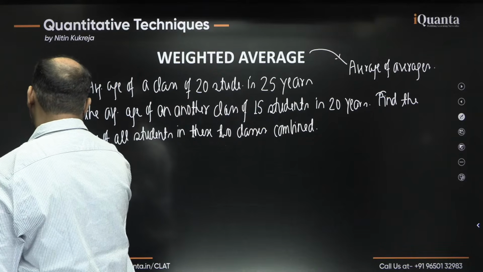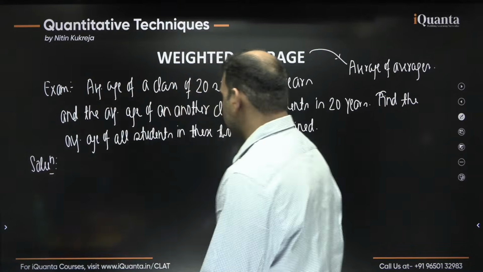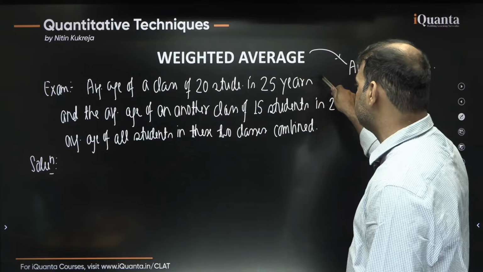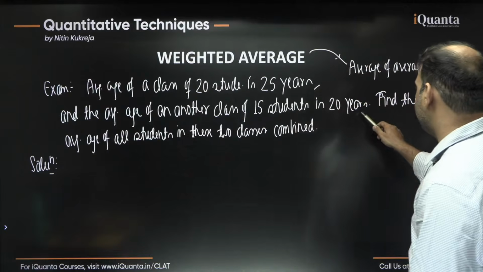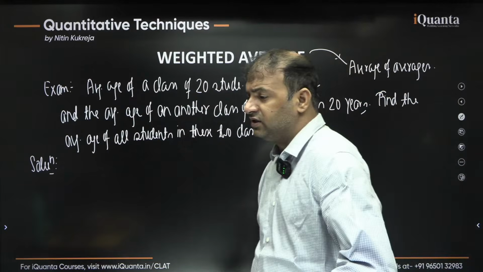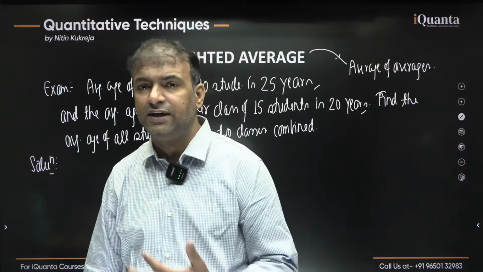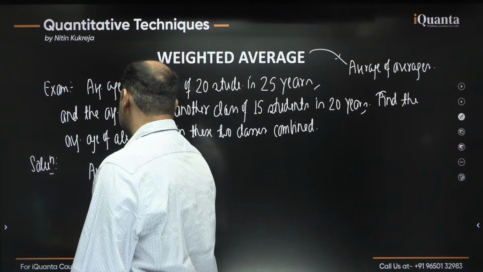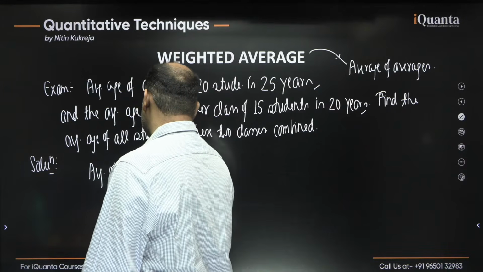Not a difficult one. A lot of students say that in the first class the average age of the students is 25, and in the second class the average age is 20. So they just find the average of these two numbers, 25 years and 20 years.